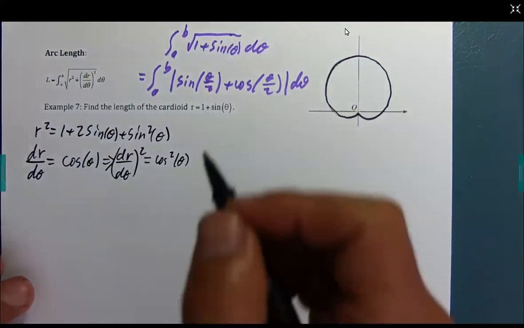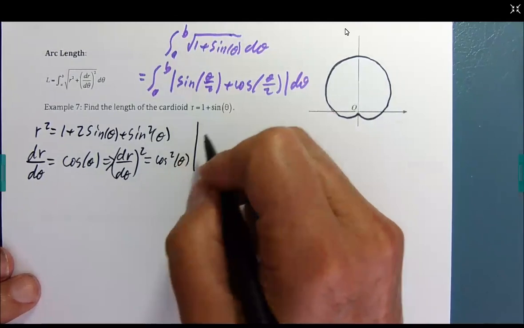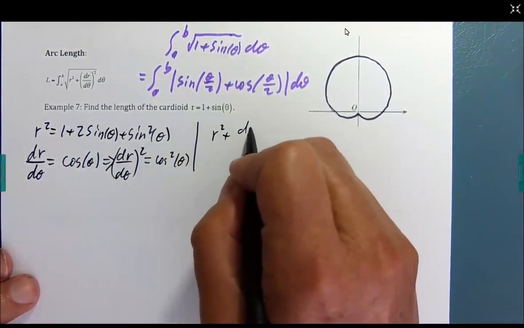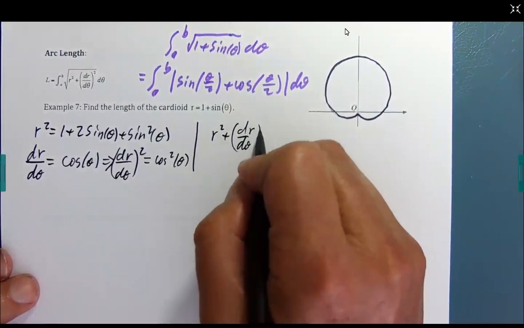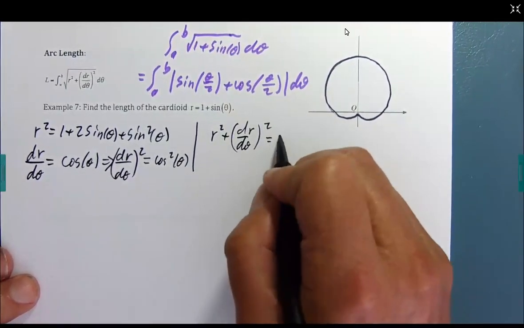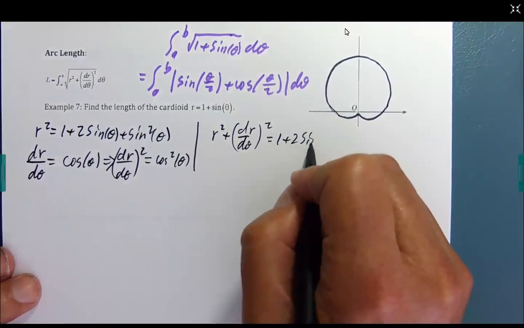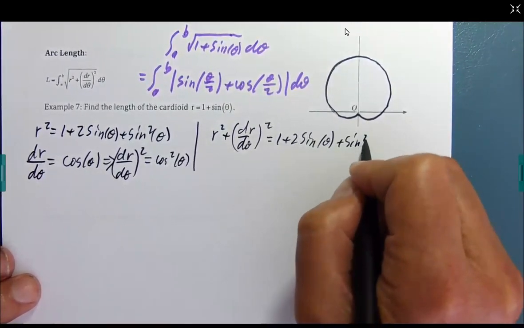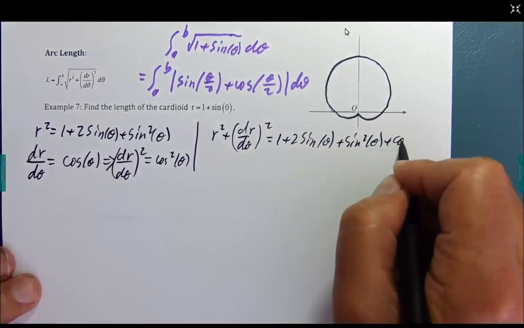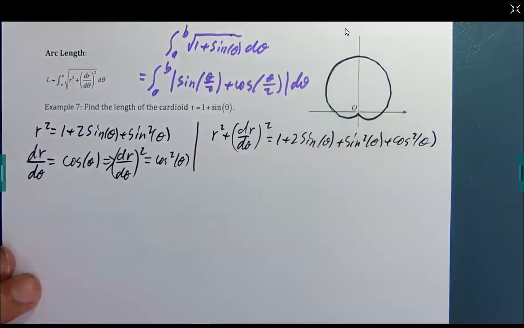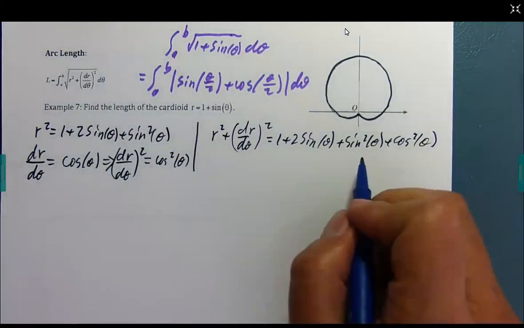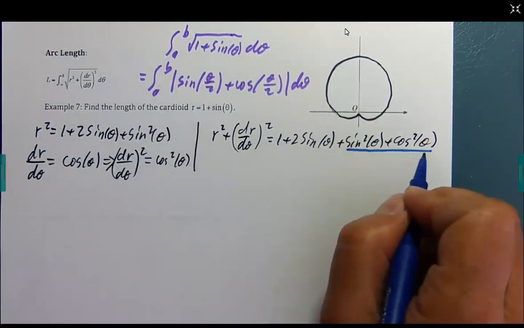And putting all this together, r squared plus (dr/d theta) squared is going to be 1 plus 2 sine theta plus sine squared theta plus cosine squared theta. And we can see that this, of course, just becomes 1.